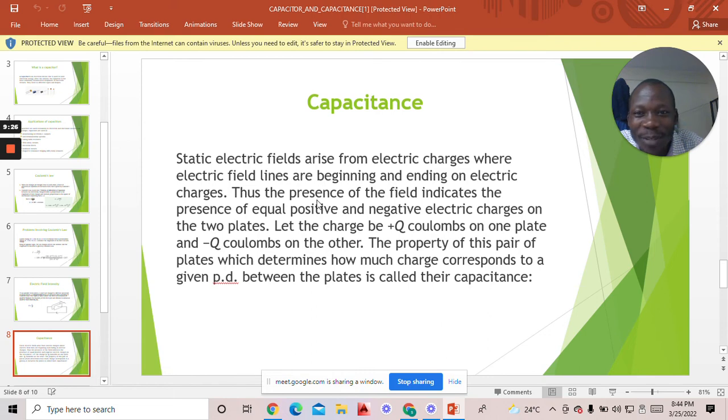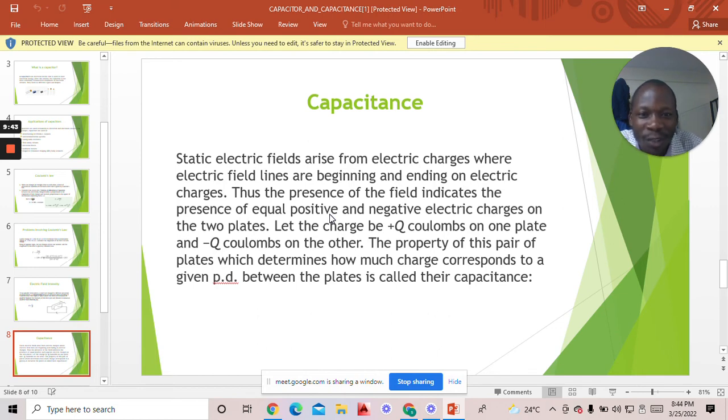They usually begin on the positive charge and end on the negative charge. Thus, the presence of the field indicates the presence of equal positive and negative electric charges on the two plates.